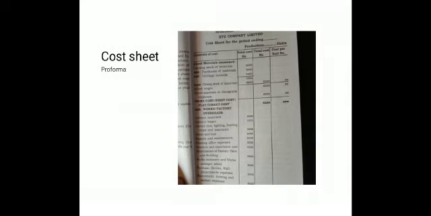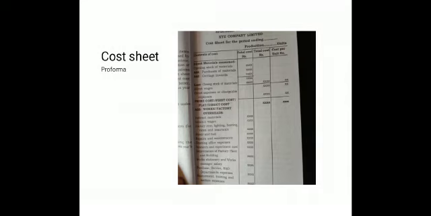Production dash units: how many units are manufactured by the concern should be mentioned there. The columns should be four. The first column is element of cost, and the other three are amount columns, that is total cost and cost per unit.